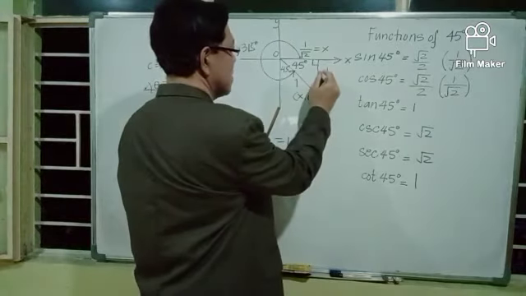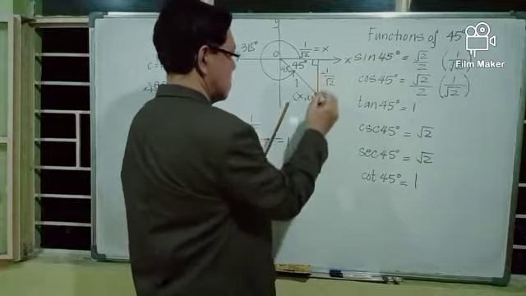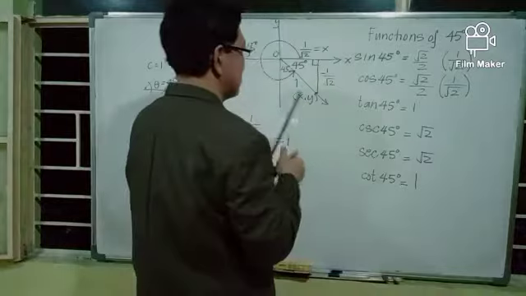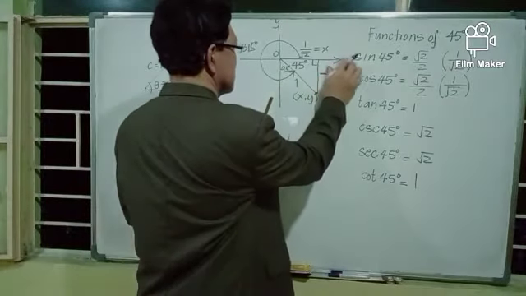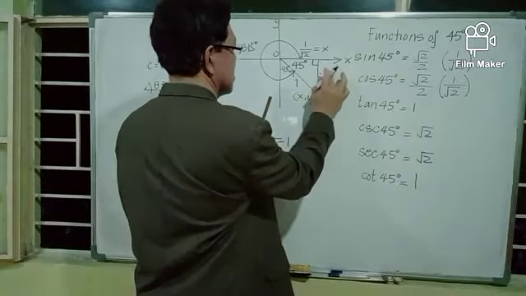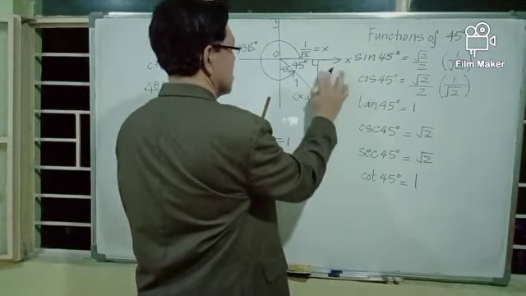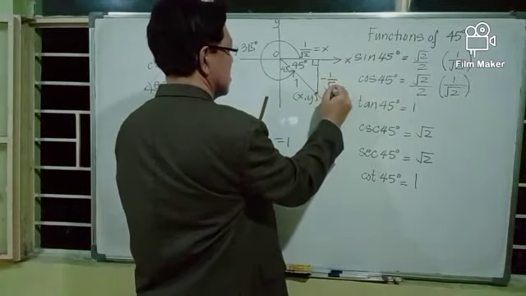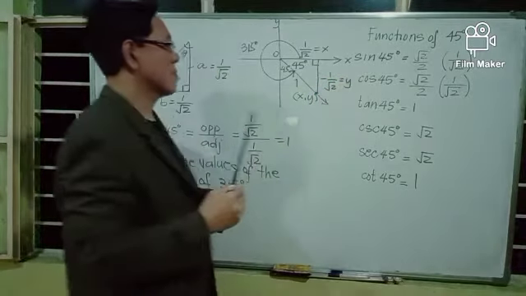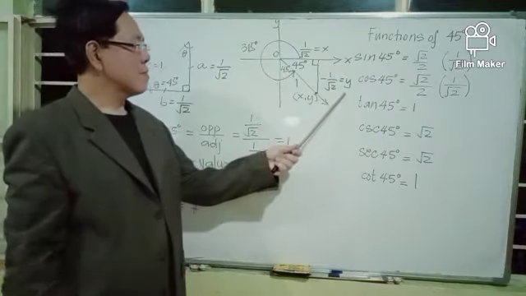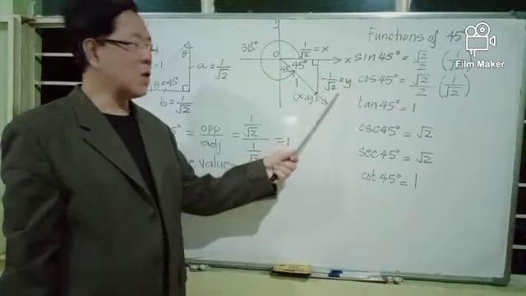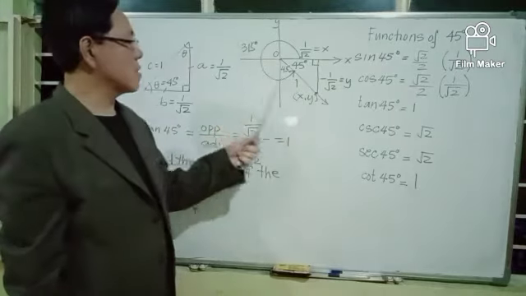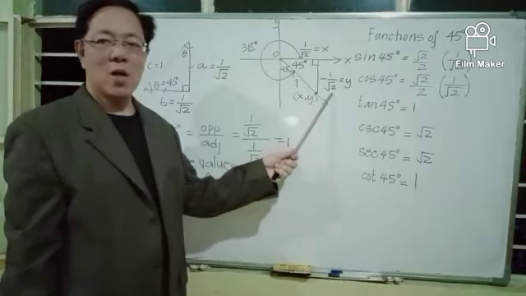So we write negative. The value of the ordinate of the point on the terminal side of 315 degrees is negative 1 over square root of 2.